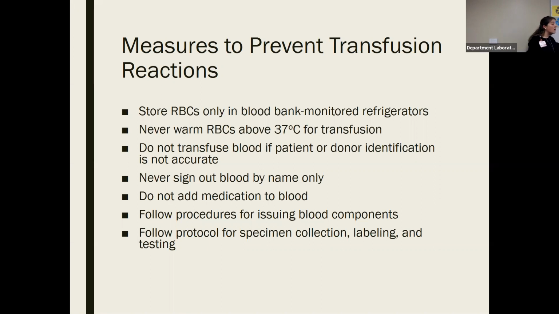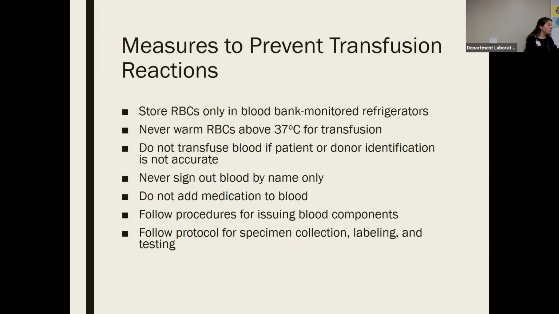If that unit does not come back to blood bank within 30 minutes, and that's a common occurrence, I promise you, whether the patient went for a walk with their family member or went for another exam such as CT, if there's any type of delay and that unit is away from you for 30 minutes, it has to be discarded.